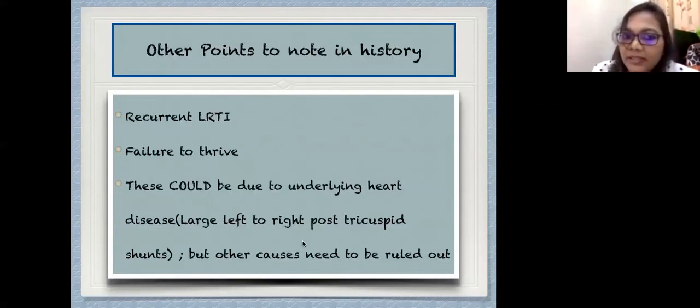Other points to note in history while dealing with children with heart disease are the possibility of recurrent lower respiratory infections as well as failure to thrive as a cardiac symptom. These could be due to underlying heart disease, especially large left to right post-tricuspid shunts, that is PDA, AP window, but other causes need to be ruled out before attributing it to heart disease.